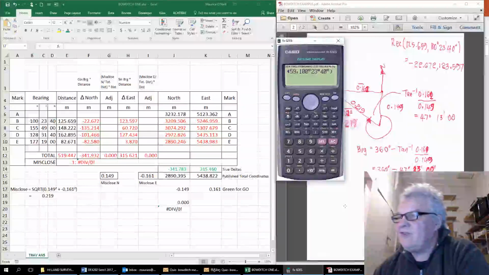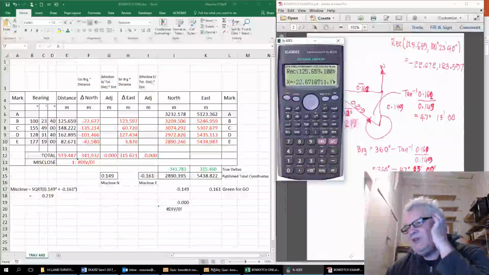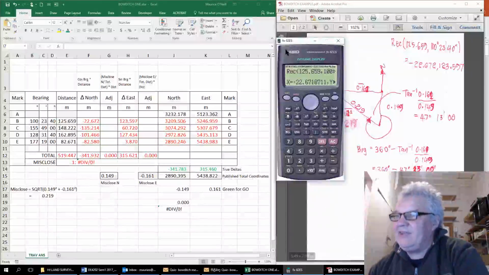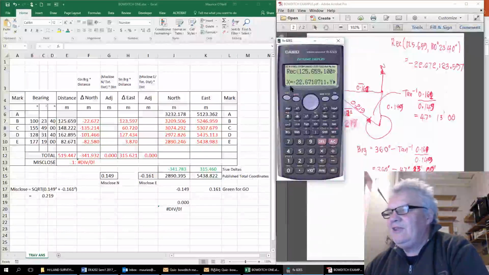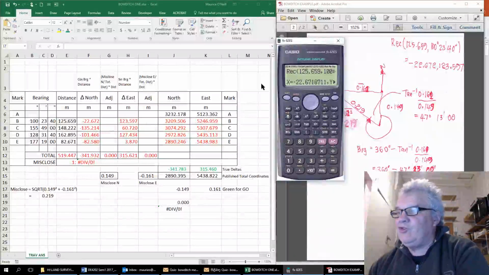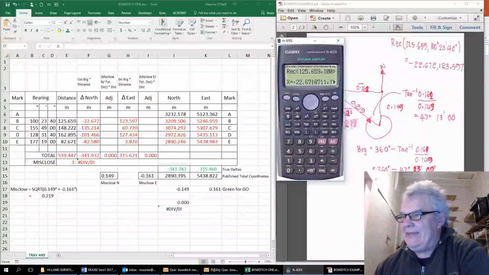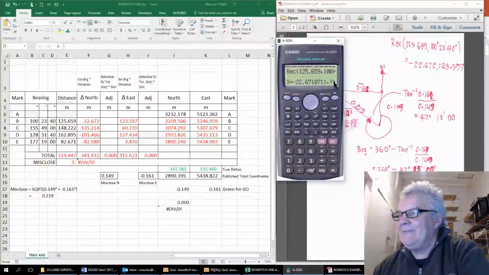Close the brackets, and you push equals. And there, it doesn't give it to you in the number of decimal places, so you have to do negative 22.672, that's all good.